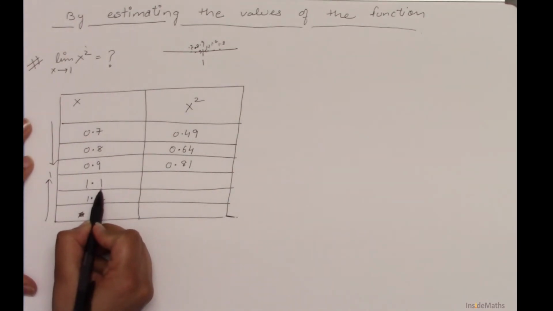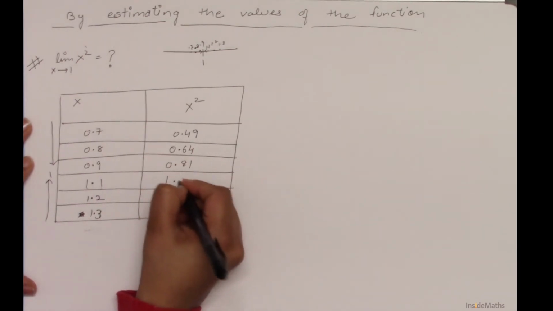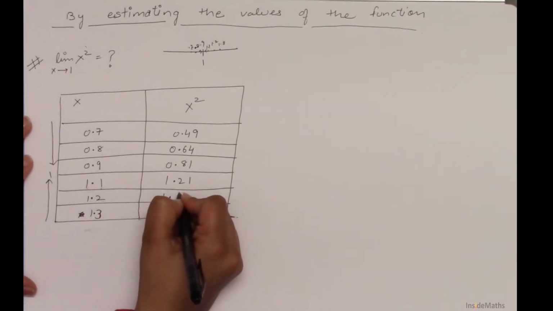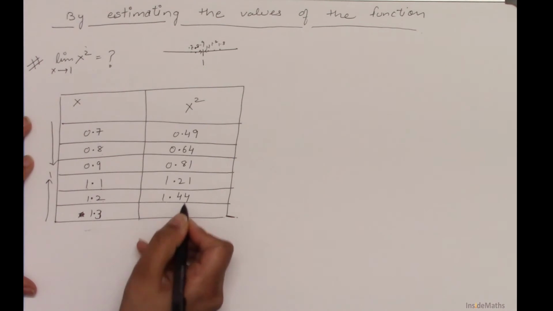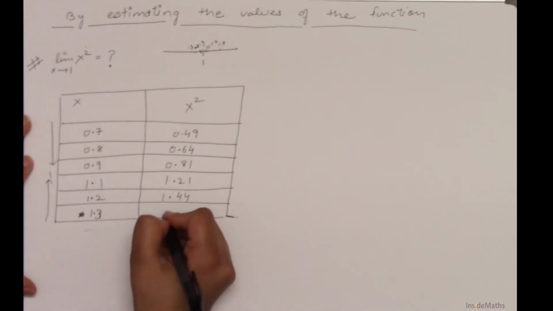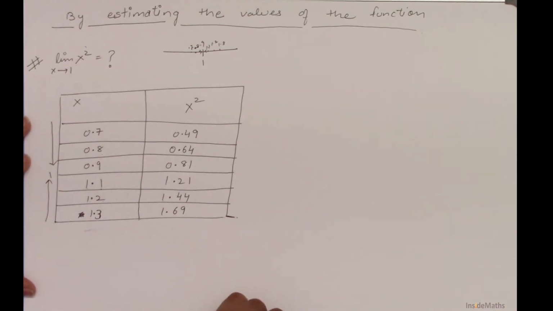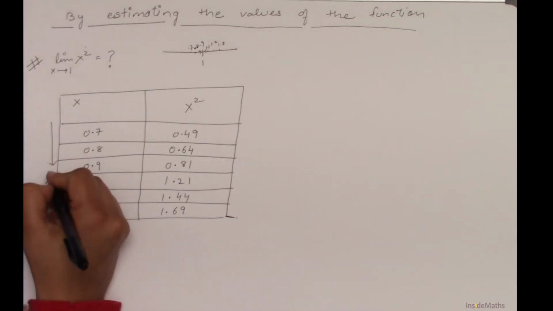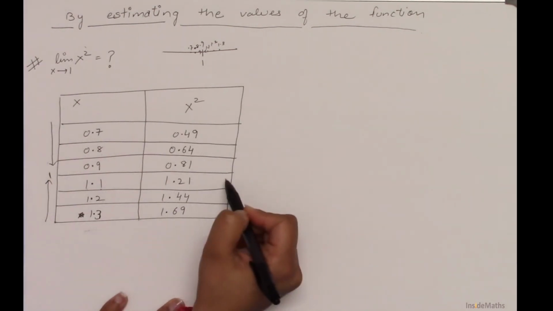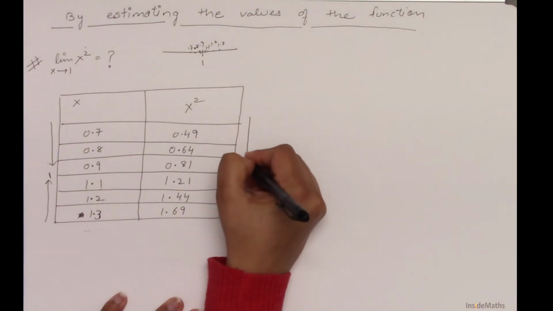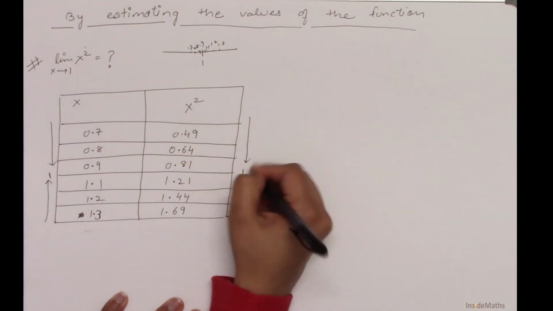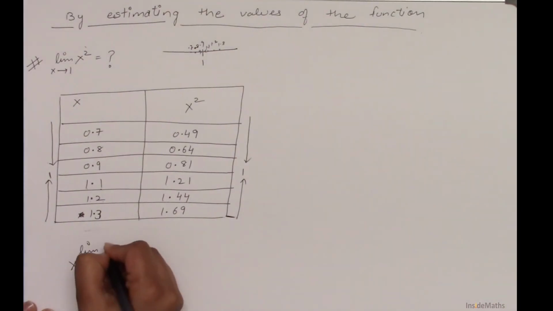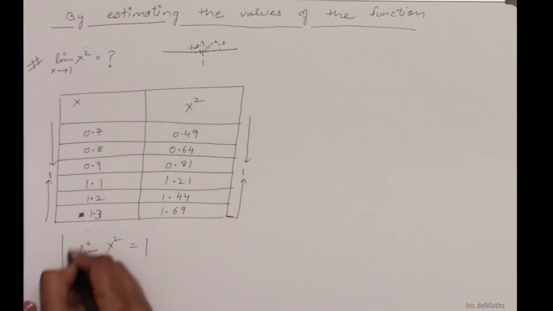When x is 1.1, x square is 1.21. When x is 1.2, x square is 1.44. When x is 1.3, x square is 1.69. Here we see when the values of x are going closer to 1 from both the sides, the values of x square are also going closer to 1 from both the sides. That means limit x approaches to 1, x square is equal to 1.